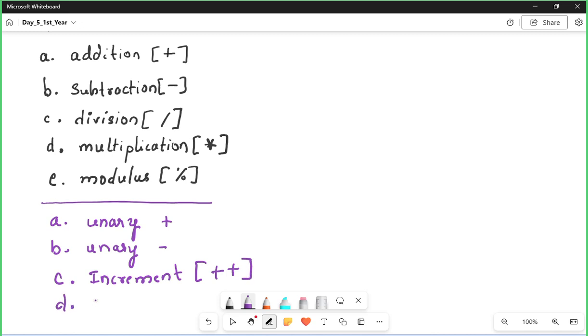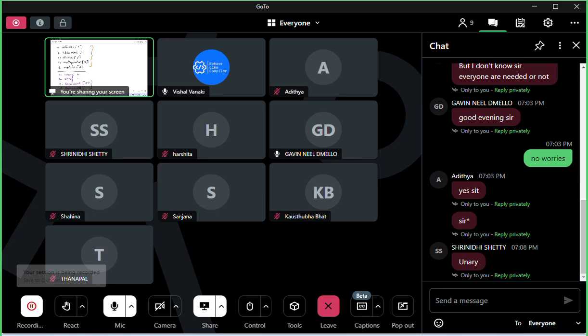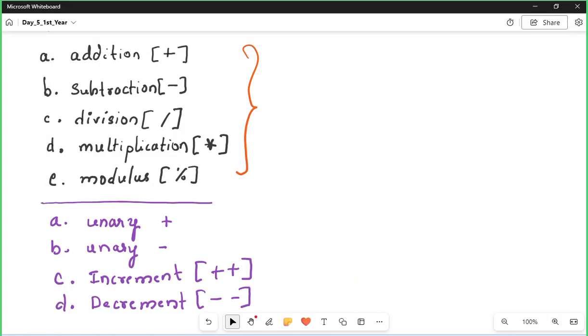Then we have the decrement operator. All of them come under arithmetic operators, but in a generalized form we have only these five. Addition, plus sign, minus sign, increment, decrement, they are all arithmetic operations only.